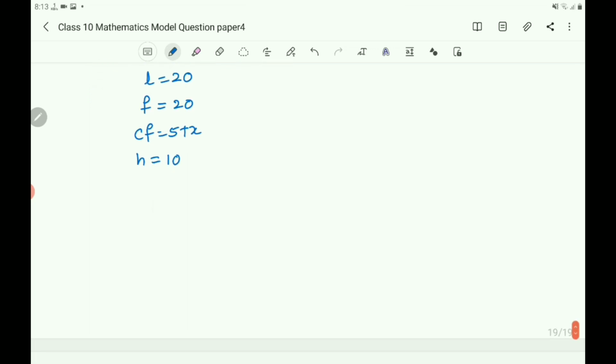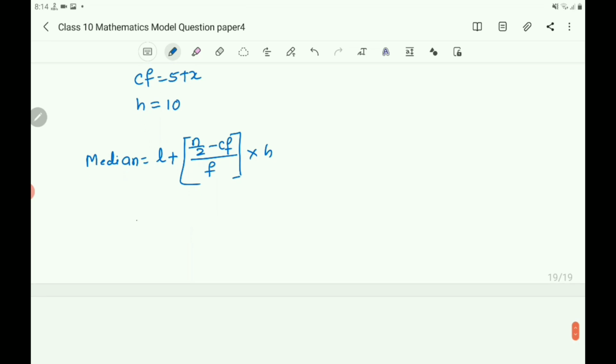Then you write the formula for the median. What is the formula for the median? Median equals L plus (n by 2 minus CF) by f, into h, that equals the median 28.5.